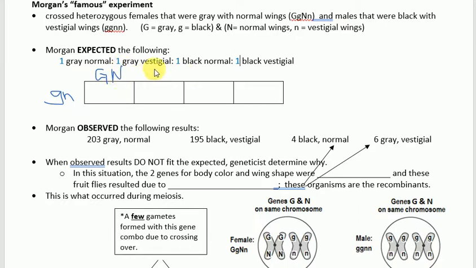Capital G, capital N, capital G, little n, little g, capital N, and then little g, little n. So if we put all those in, we should end up with this information.